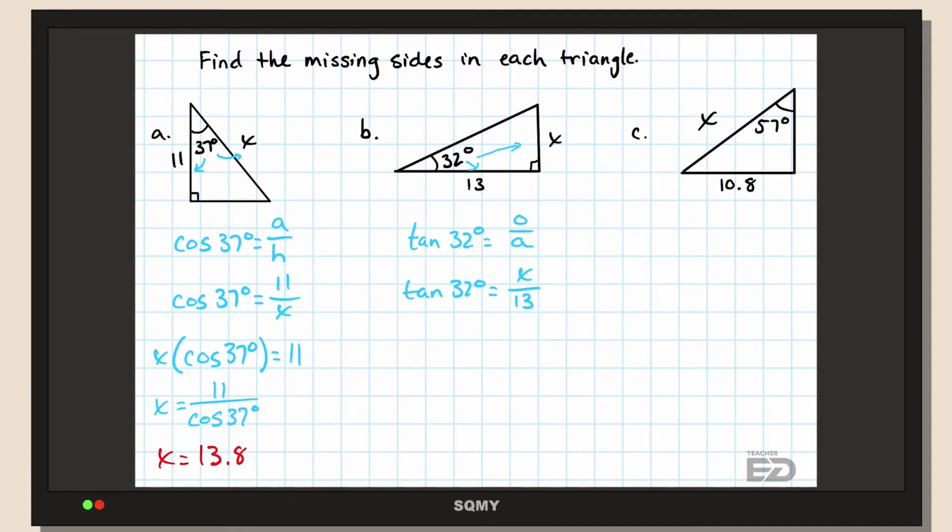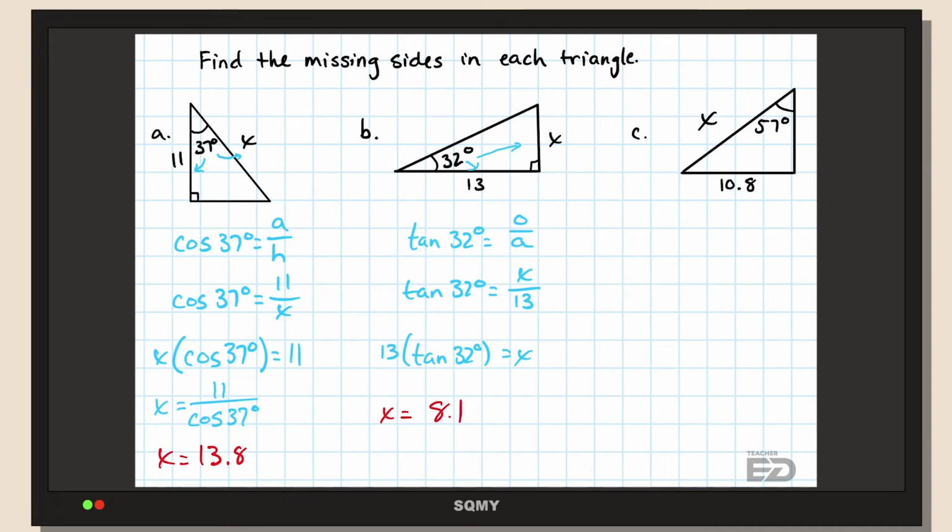Again, we're going to just solve for x. Multiply both sides by 13. That will give me 13 times tangent 32 is equal to x. Plug that into your calculator, and we will get the answer of x is equal to about 8.1.